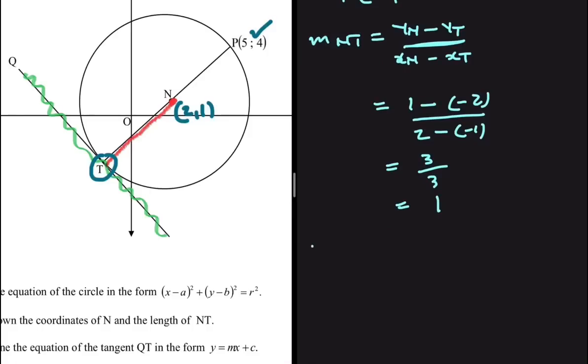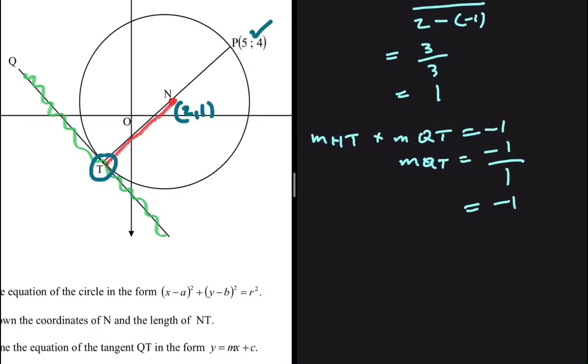Right, so now we can say that the gradient of NT multiplied by the gradient of QT is equal to minus 1. So the gradient of QT is going to be equal to minus 1 divided by the gradient of NT, which is 1. So the gradient of QT is equal to minus 1. So now we know that for our equation of the straight line of the tangent, y is equal to minus x plus c.